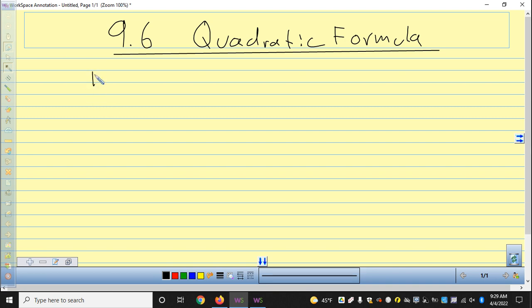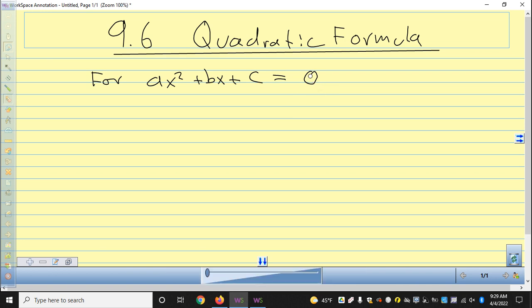All right, for ax squared plus bx plus c equals 0. And I want to emphasize here, when we're solving quadratic equations with the quadratic formula, it must equal 0.